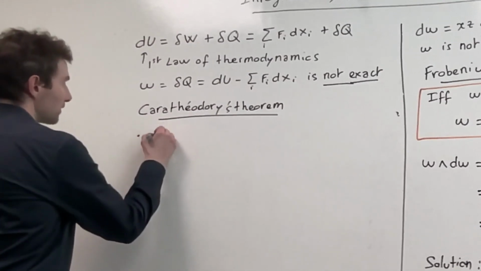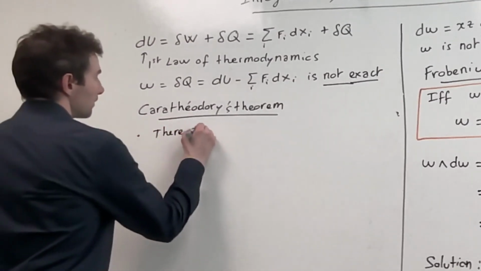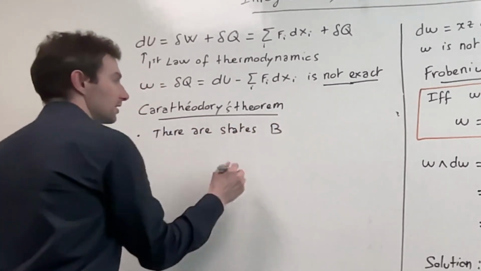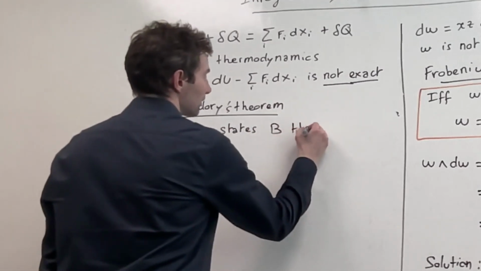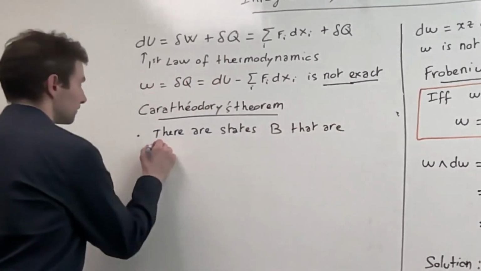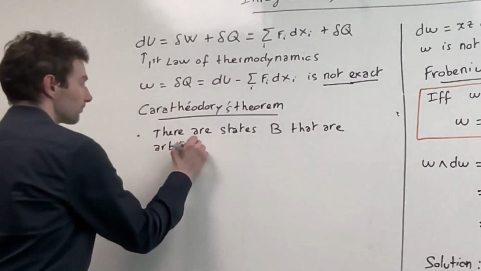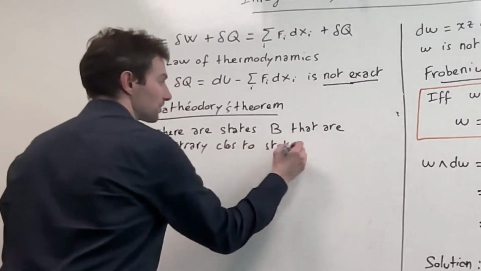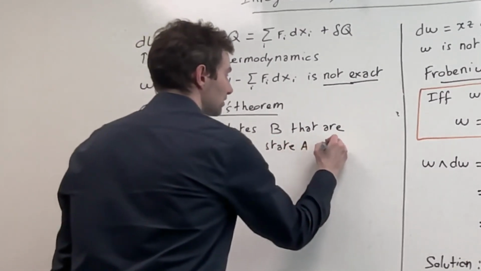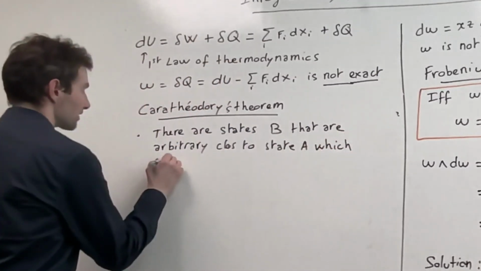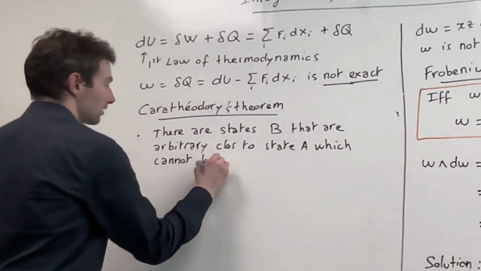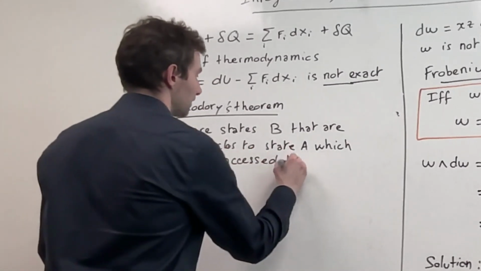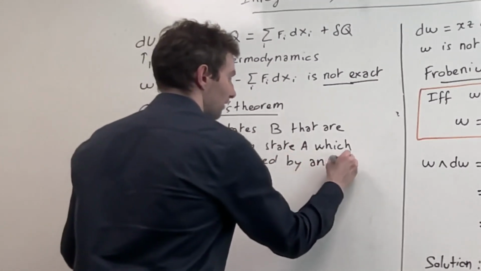The first is that there are states B, for example, thermodynamic states B, that are arbitrarily close to an arbitrary state A, which cannot be accessed by an adiabatic path.